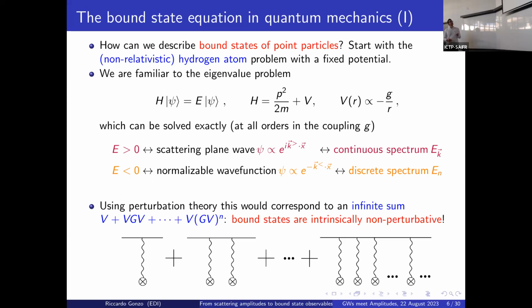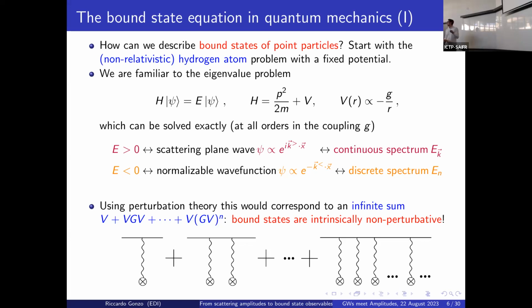Using perturbation theory, this requires an infinite sum of this potential. If you compute as we will do in post-Minkowskian, in perturbation theory, you have contributions from the first order iteration and the second order iteration, and you have to reassemble them to get the exact answer. So in some sense, bound states are intrinsically nonperturbative and require some resummation. You cannot see, as I will discuss, bound state poles, for example, in the S matrix unless you really resum things.